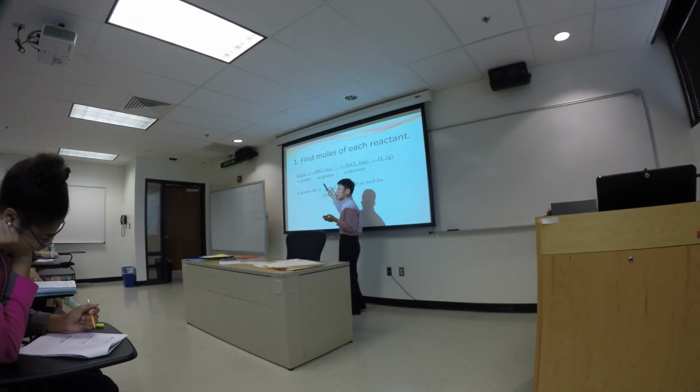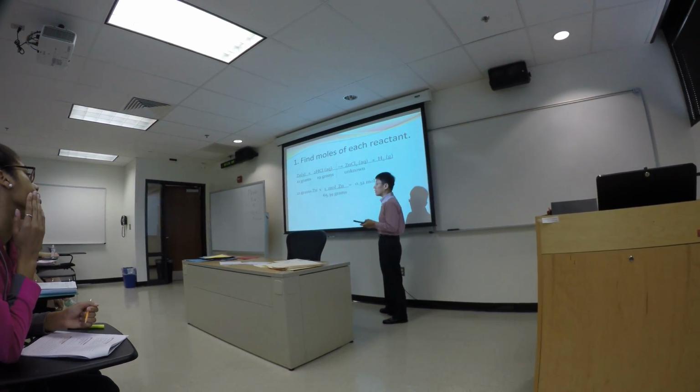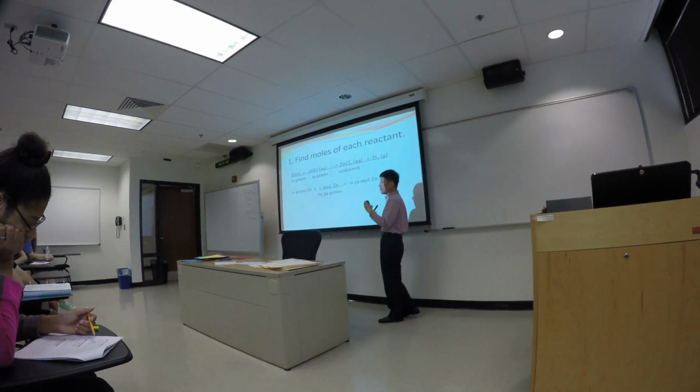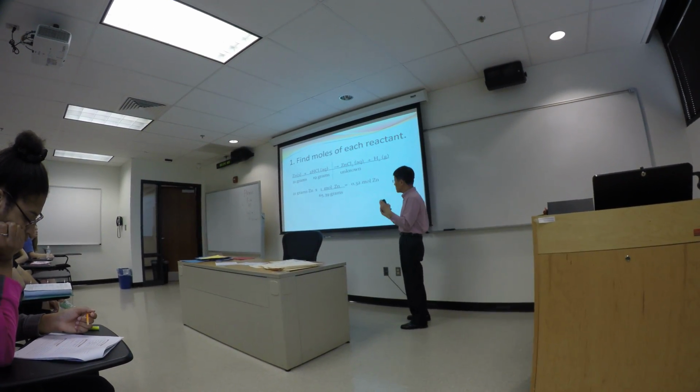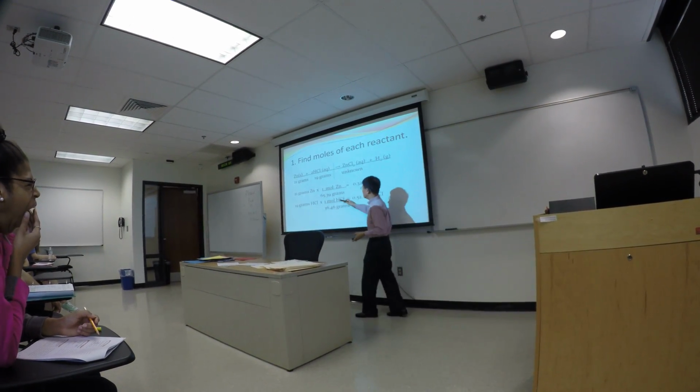You do not, I say you do not, factor that in. The conversion factor is 1 mole of HCl is equivalent to 36 grams of HCl. Okay, so this is the conversion factor there.